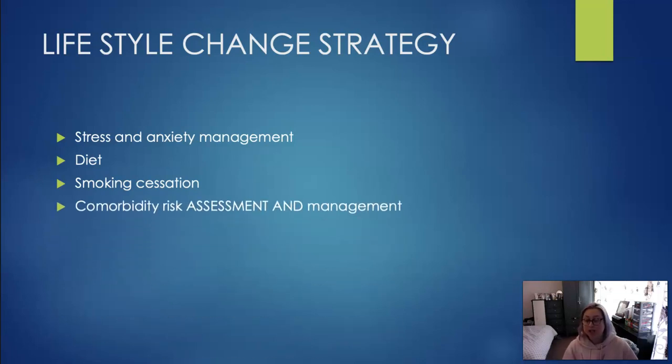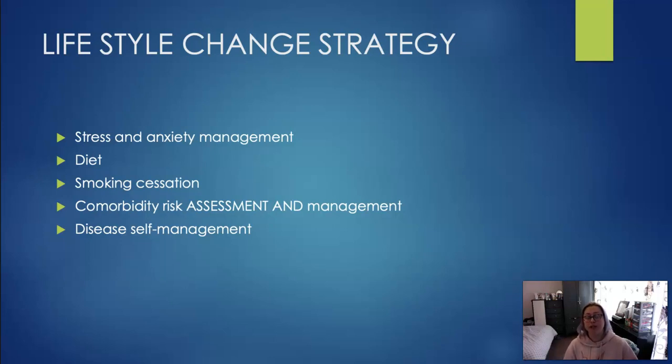It might actually be our comorbidity risk assessments. So again, are there any other underlying health conditions that are actually going to make these patients' COPD worse? And can we actually get those treated or supported in a better manner?